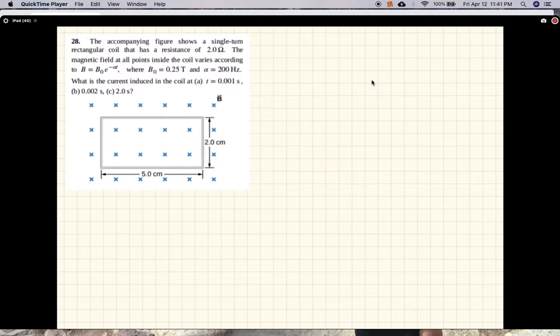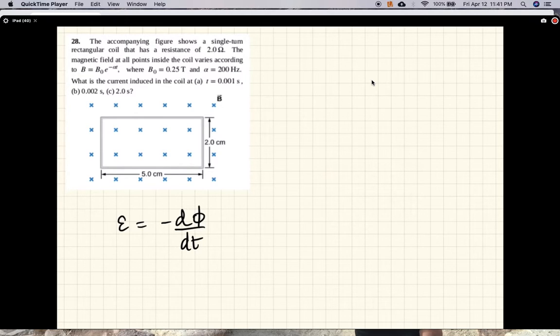All right. So let's find the EMF induced. Faraday's law tells us the EMF induced is minus d phi by dt, and the negative sign is related to the direction of the current flow.